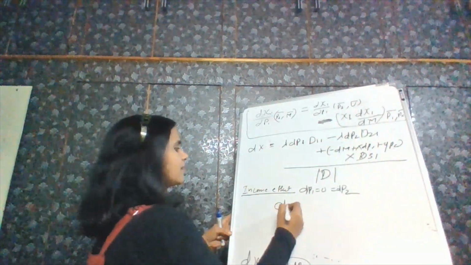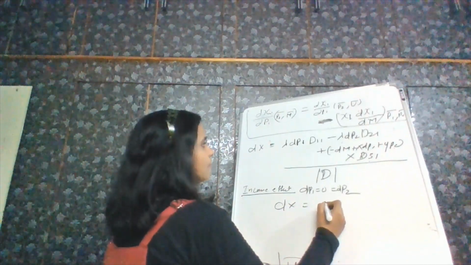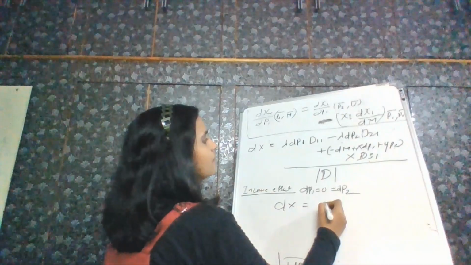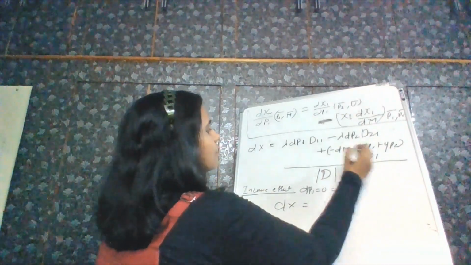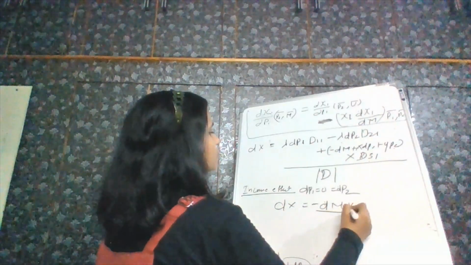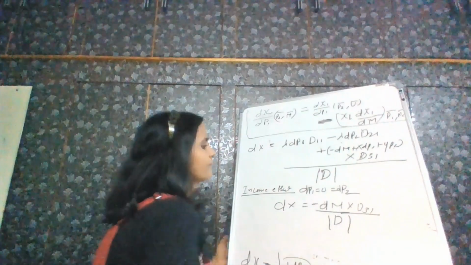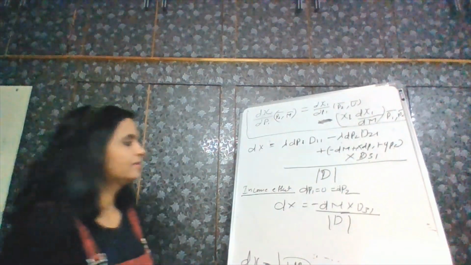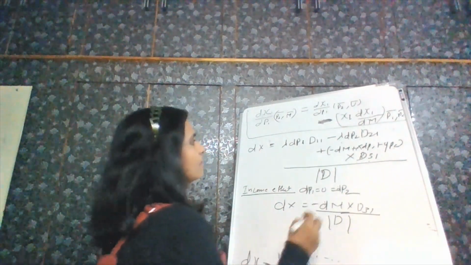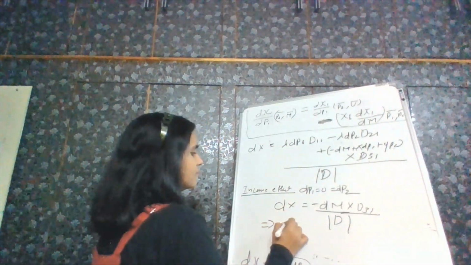So your dx becomes dm minus tm into d31 divided by d. Alright. So now what is your dx by dm?